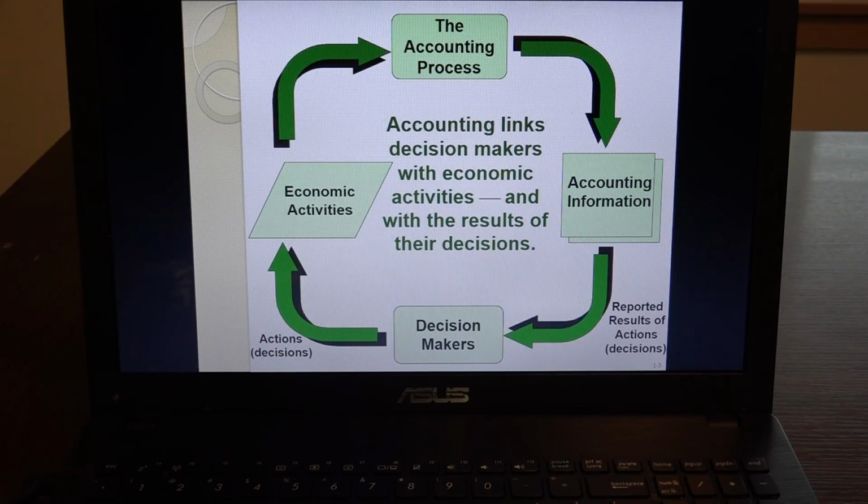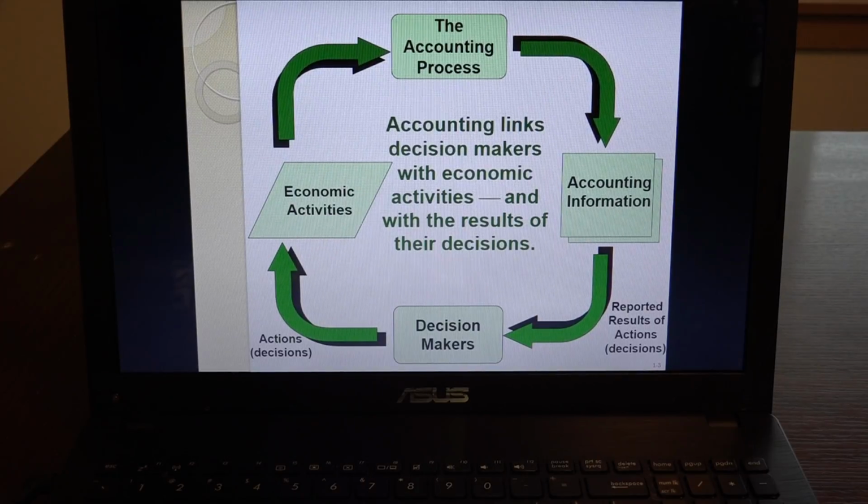We'll talk about the fact that most accounting information falls into one of 3 categories, either financial accounting, managerial accounting, or tax accounting. But this class is financial accounting, so that's primarily what we're going to be talking about.